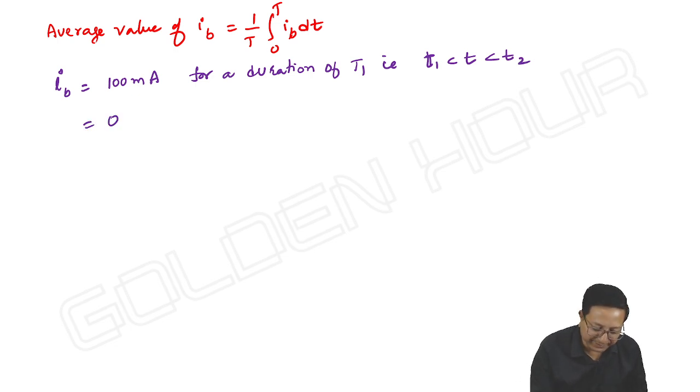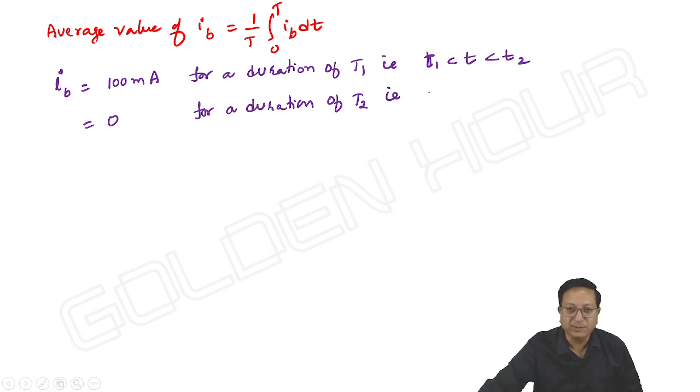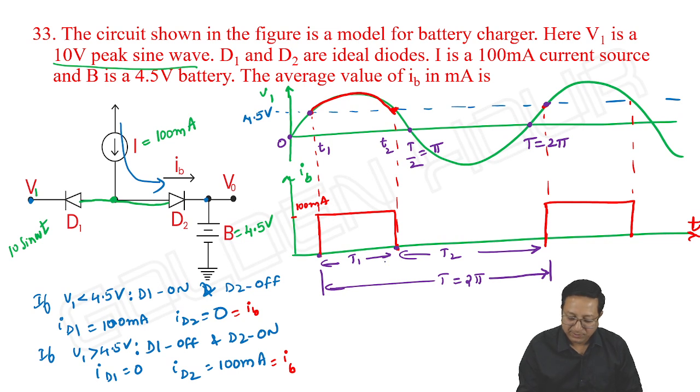Similarly, IB is equal to 0 for a duration of T2. That is, see this, from t2 to T1 plus 2 pi.